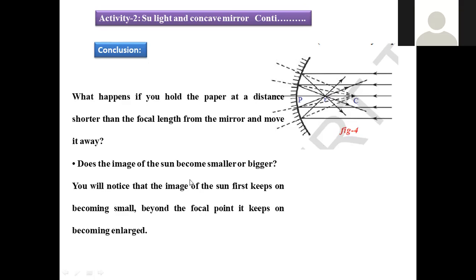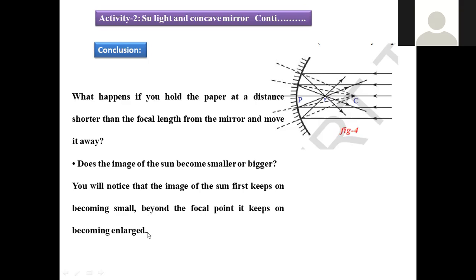What happens? Does the image of the sun become smaller or bigger? You will notice that the image of the sun first keeps on becoming small. As we are moving towards the parabola, the size of the sun will slowly be decreasing, right? And after a particular instance, behind the focal point, if you are moving the paper away from the focal point, what do you observe?